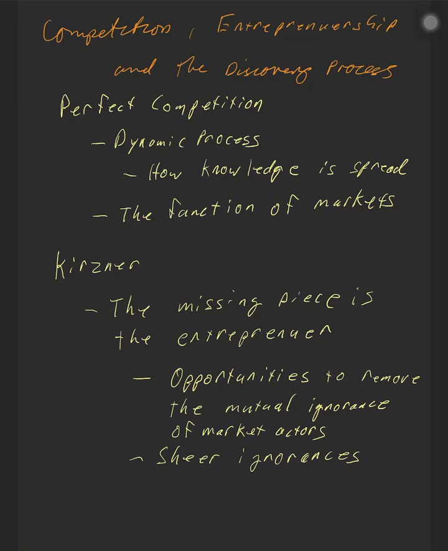So the key assumption in perfect competition is that actors have perfect knowledge. But as we talked about before, Hayek has undone this idea, pointing out that such an assumption really assumes away the central problem of human action. So it's only through the process of competition that we will actually have facts be discovered. And Hayek says the function of competition then is to teach us who and what will serve us well.